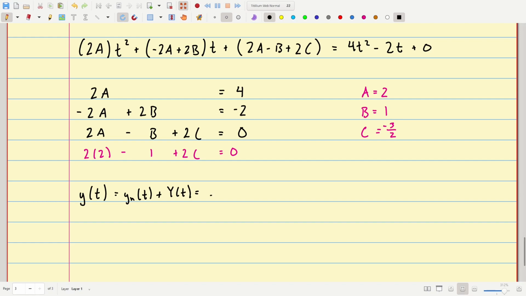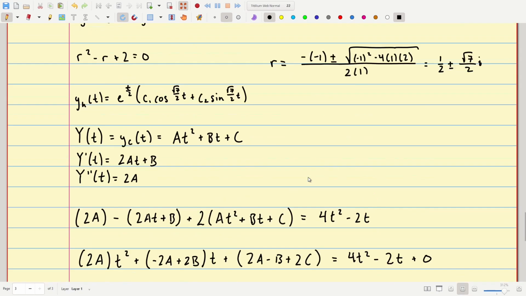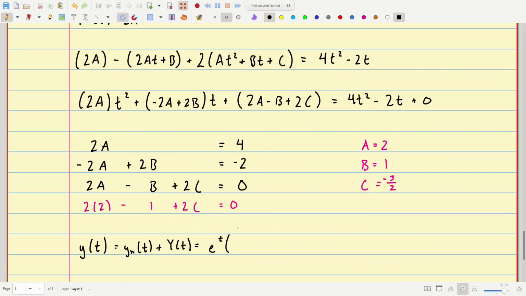And so our general solution was e to the t, I believe, t halves, pardon me, C1 cosine square root of 7 halves t plus C2 sine square root of 7 halves t plus our particular solution, which is 2t squared plus t minus 3 halves.